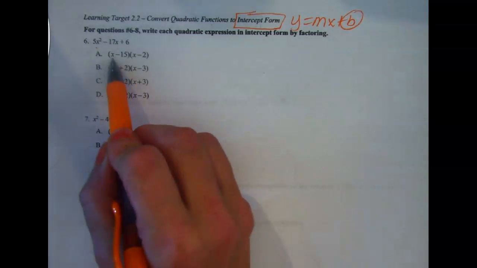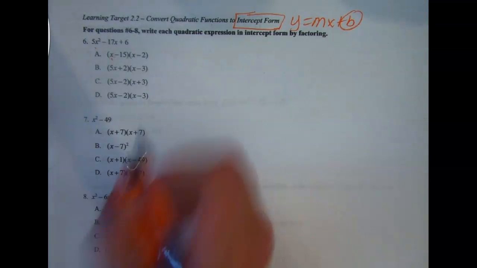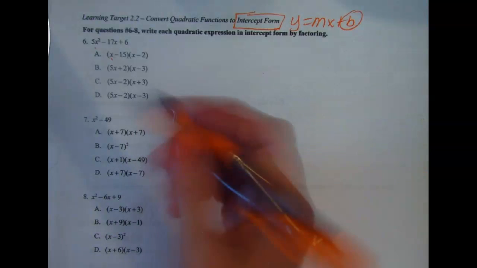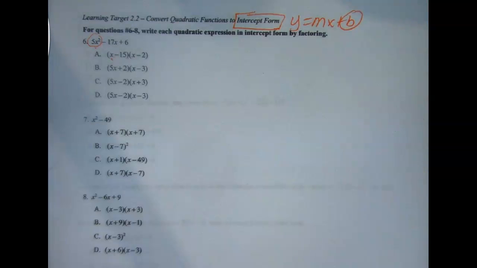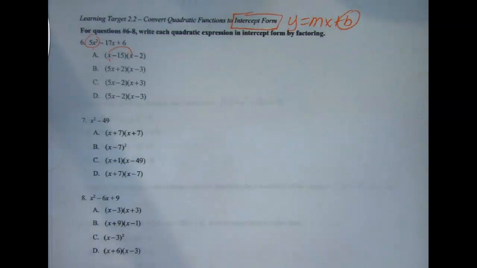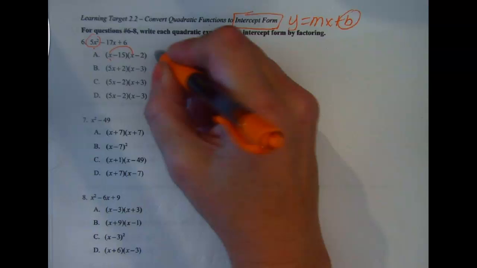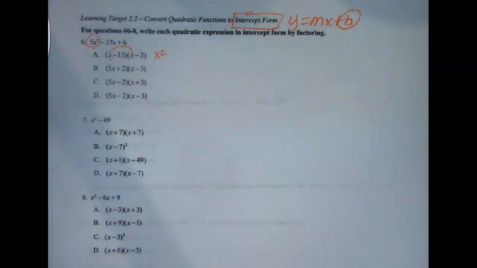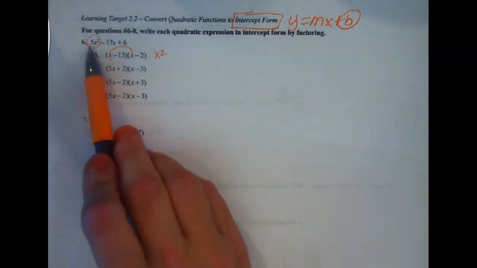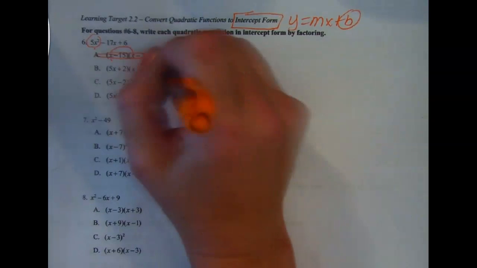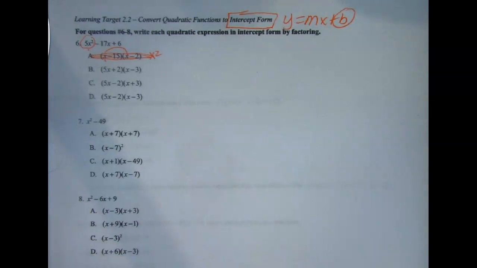Or you can go through and remember with double distribute, to get the first term, you take the x times the x. So x times x is x squared. I'm not going to get x squared up here. I can get rid of that right away. 5x times x.